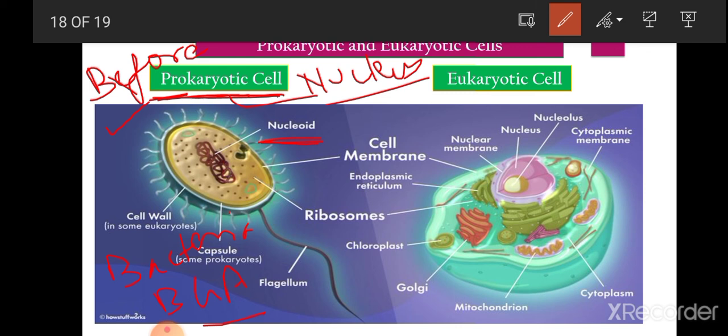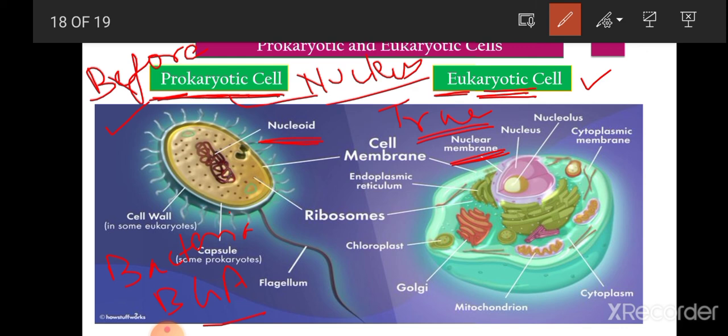Okay, now come to the next part, eukaryotic cells. Again this word is made up of two words, eu and karyotic. Eu means true, and karyon, again, means nucleus. So the cells which have a true nucleus, means the cells where the nucleus has a nuclear membrane, where the nucleus is bounded by a membrane.